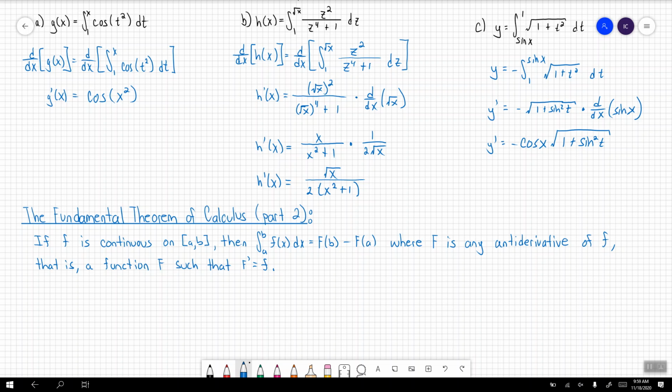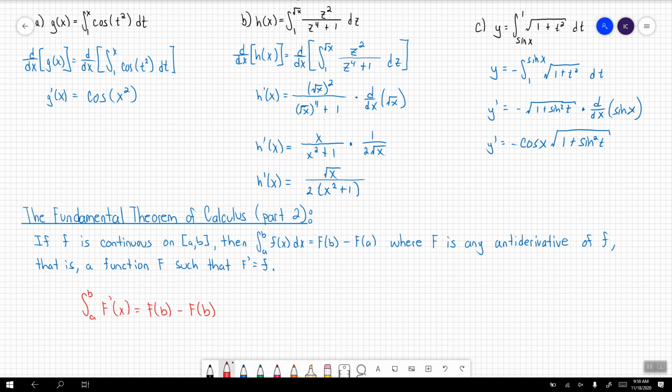All right, so using part 1 and part 2 of the fundamental theorem of calculus, we can arrive at the conclusion that if we have an integral from a to b, and if we find a function, as part 2 tells us, where we have the derivative of that function being integrated, part 1 tells us that the integral and the antiderivative, meaning the integral and a derivative, are inverse operations of one another, and therefore we only need to evaluate the function at the endpoints and take the difference.